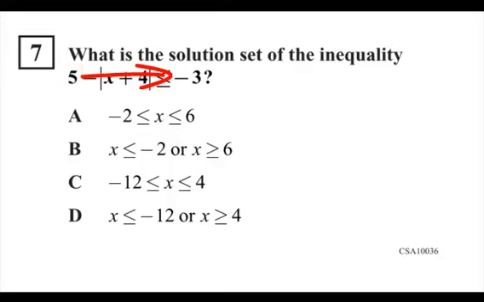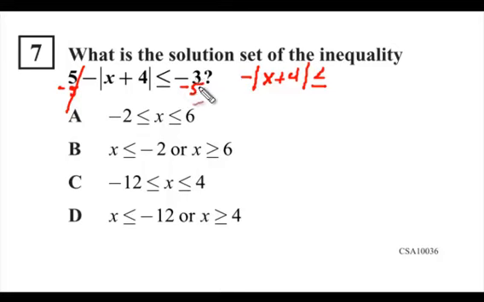So let's subtract 5 from each side. Minus 5 and minus 5. These cancel out, leaving us with negative absolute value of x plus 4 is less than or equal to negative 3 plus negative 5, which is negative 8.